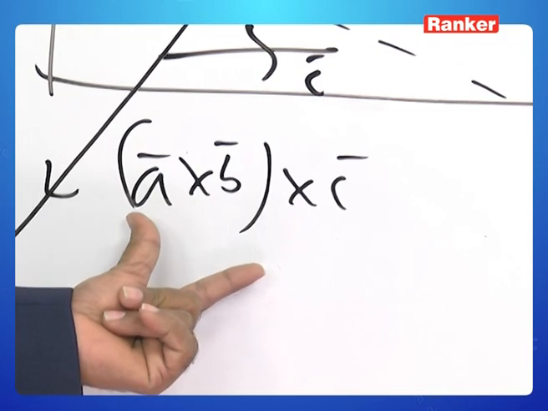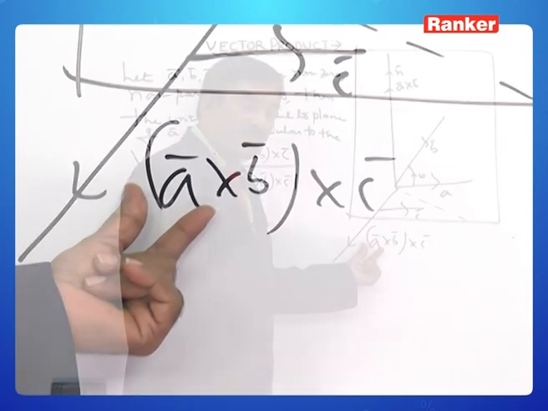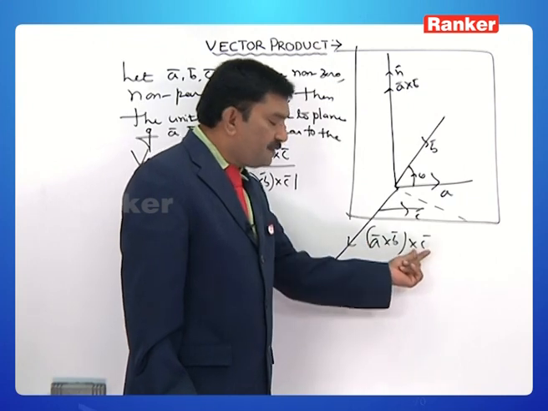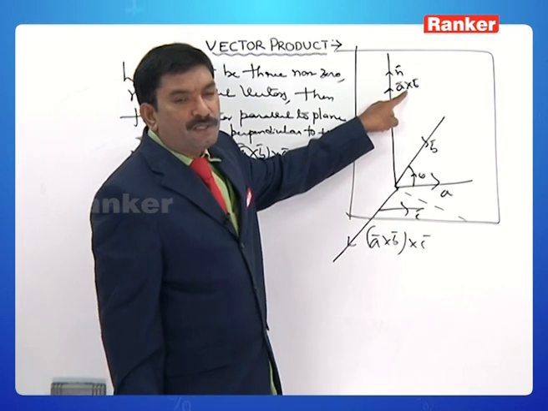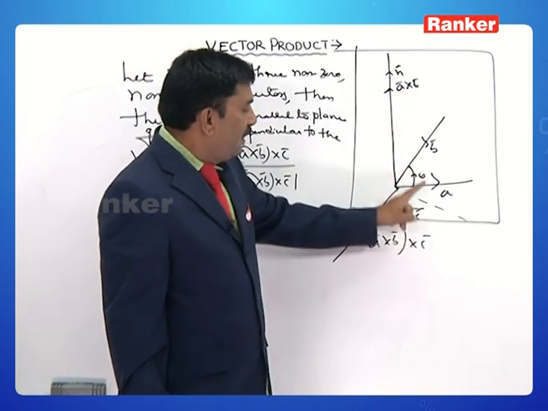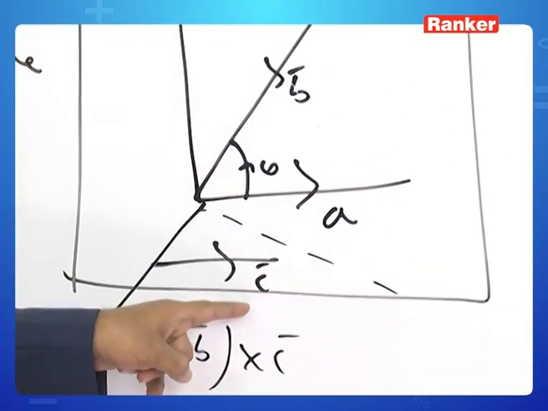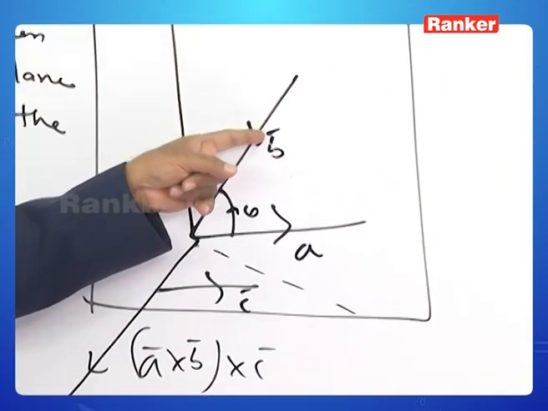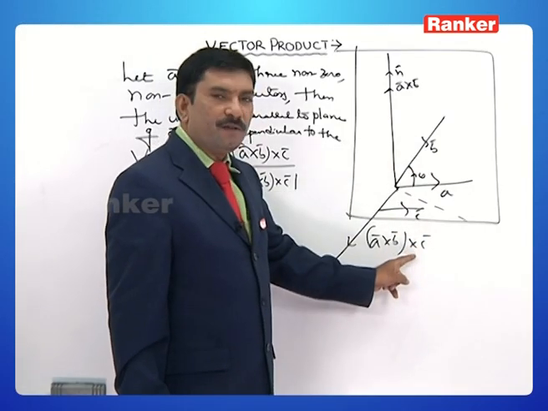This is also a vector which is perpendicular to A cross B as well as C bar. When this is perpendicular to A cross B, it is parallel to the plane of A bar and B bar, and also perpendicular to C bar.